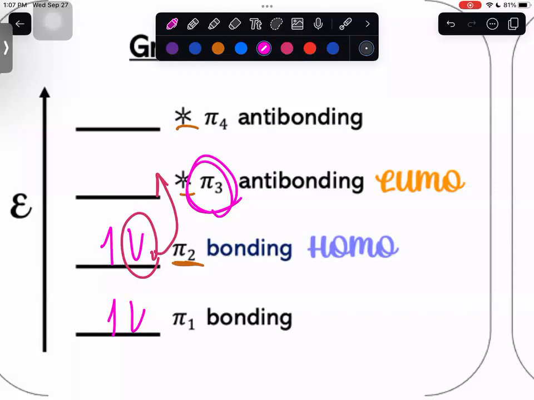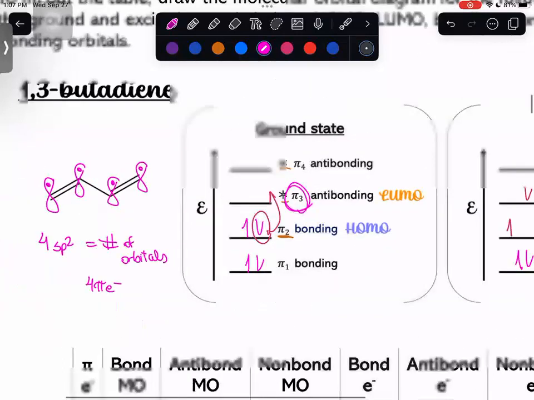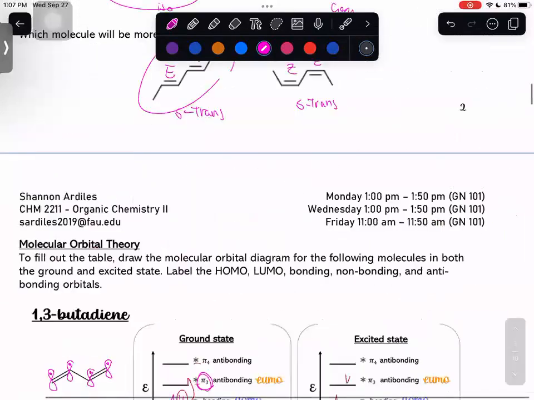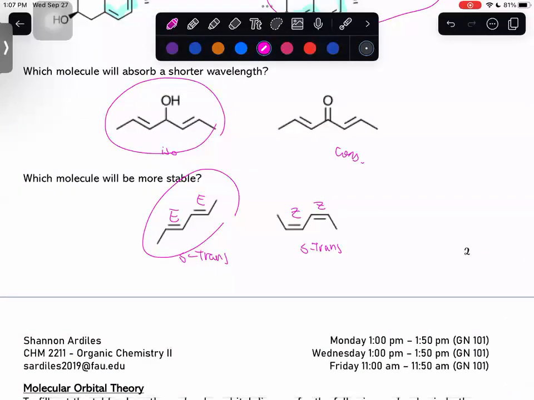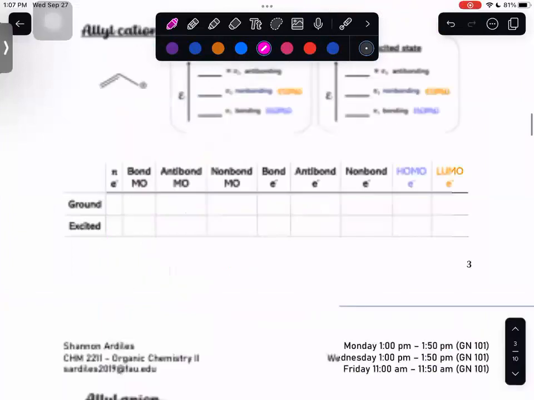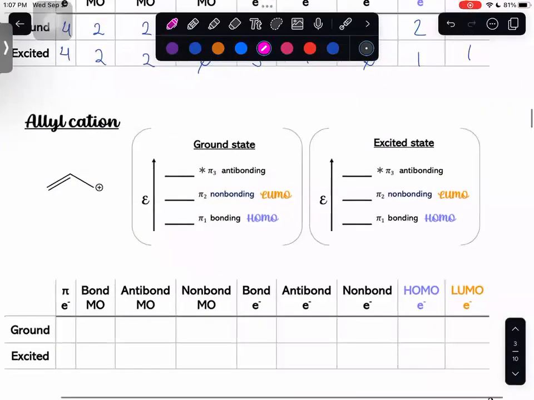Okay, we're good to move on. The longer the wavelength.